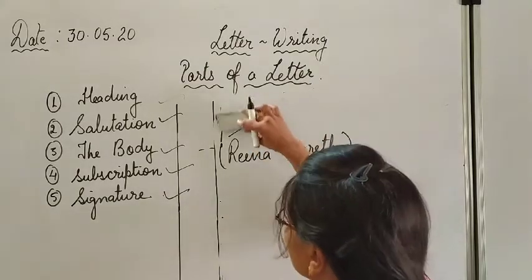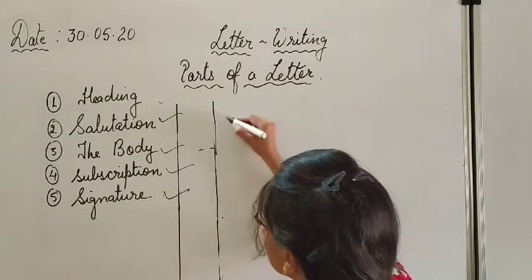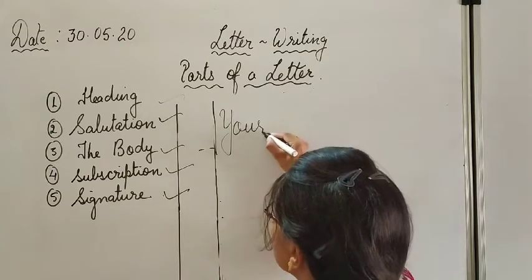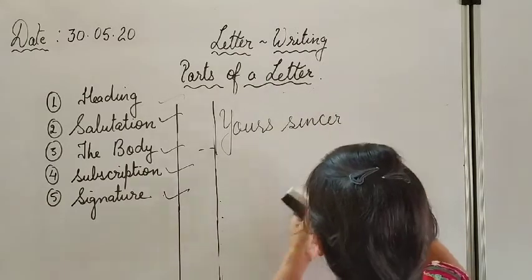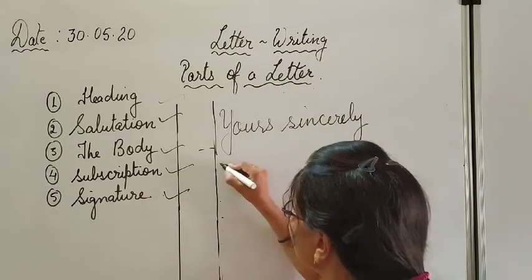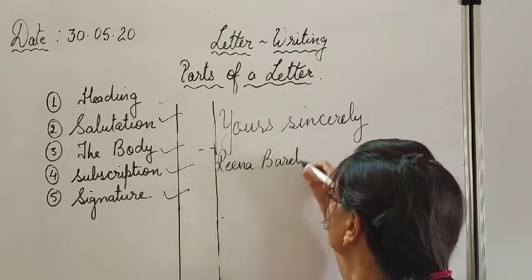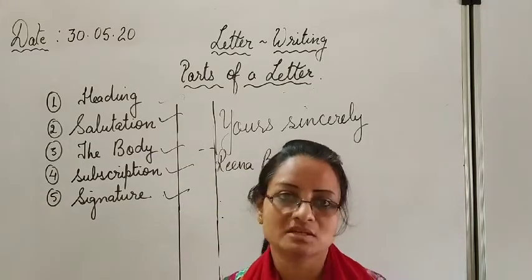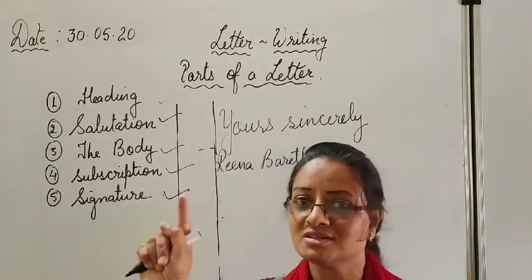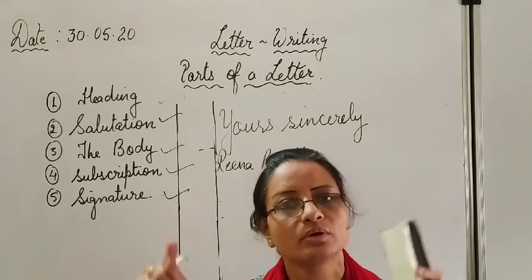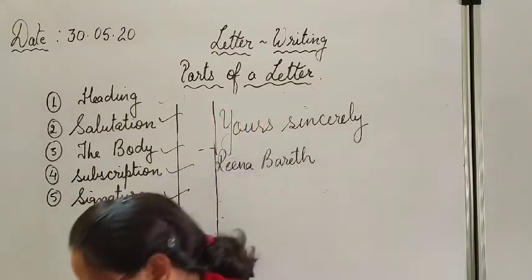If you are not putting your signature, you may simply write your name without brackets, full name and surname. For example, if you have written yours sincerely directly without signature. If you are putting a signature, you have to write your name below it in brackets. So here finishes the parts of a letter.